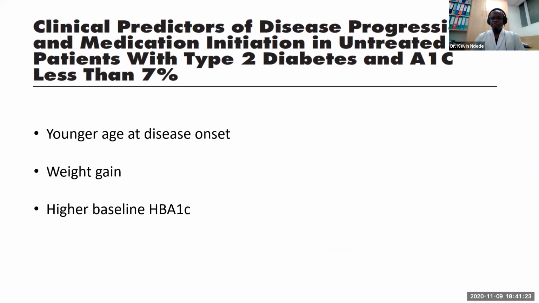So what are some of the factors that predict progression of type 2 diabetes? The clinical predictors of disease progression and medication initiation in patients with type 2 diabetes are generally these ones: younger age at onset, weight gain, and a higher baseline HbA1c.